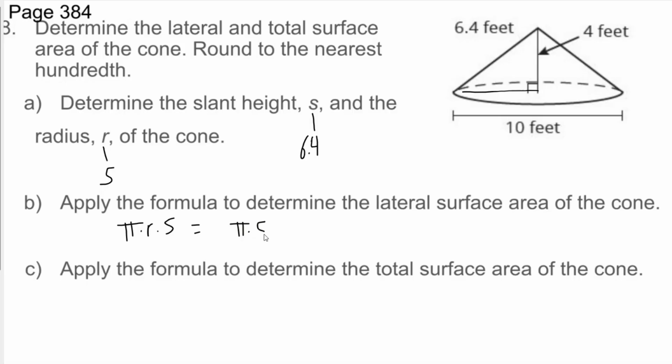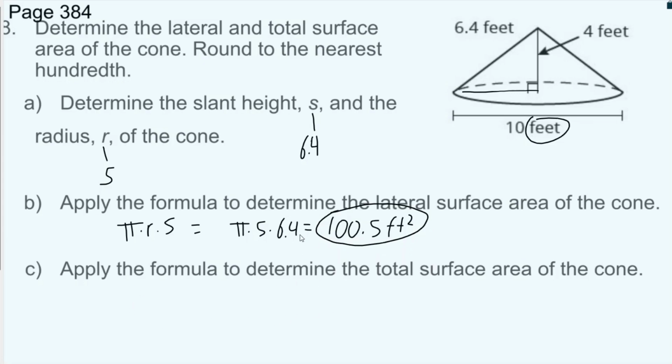Pi times 5 times 6.4 gives me 100.5, and the units would be feet squared. Okay, then I want to find the total surface area.